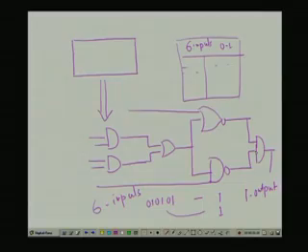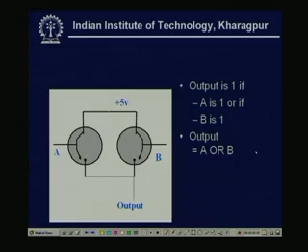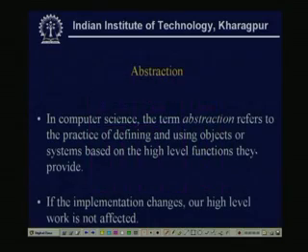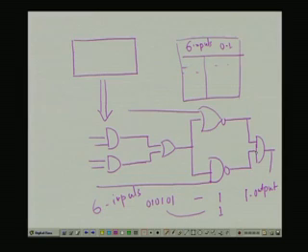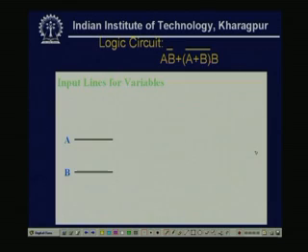So, we have only seen this portion, in the triangle, the Boolean expression to the logic circuits part.